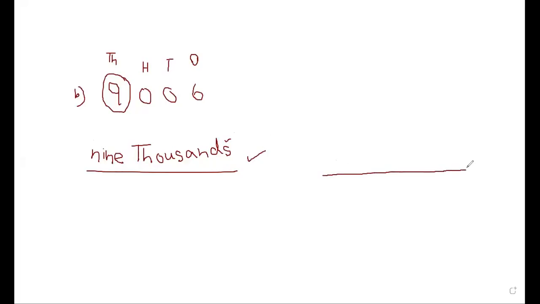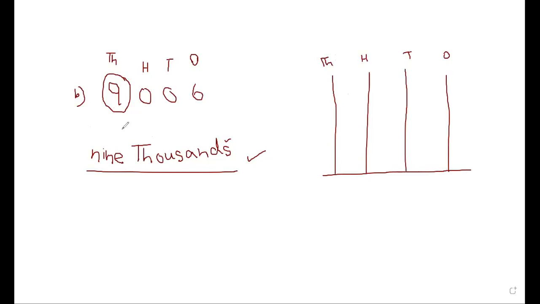Now you can see in your book, draw an abacus. How many lines am I going to draw? I am going to draw 4 lines because we have thousands placed. So this one is ones, tens, hundreds, and the last one is thousands. Now we have to draw beads for the circled one.